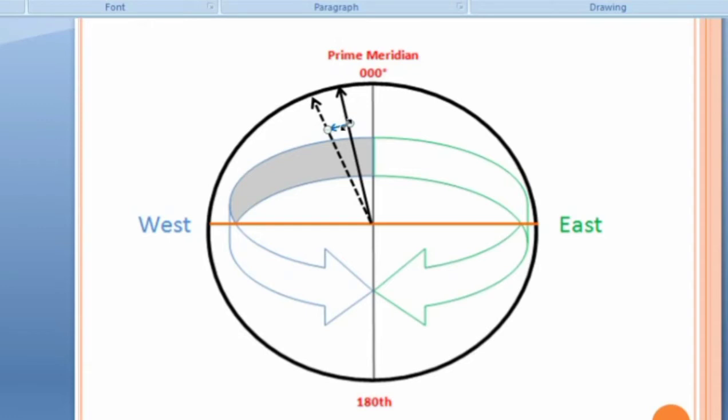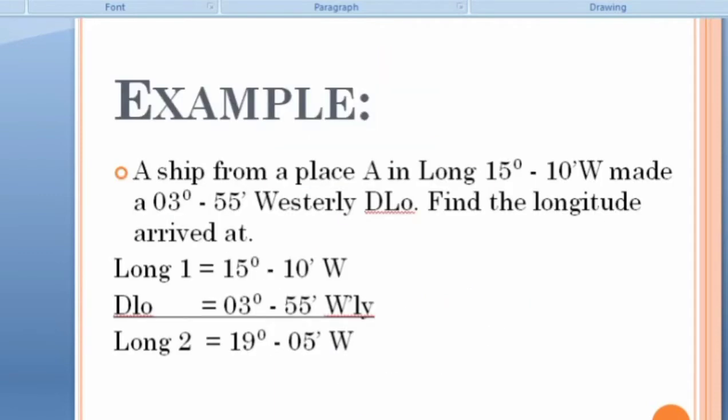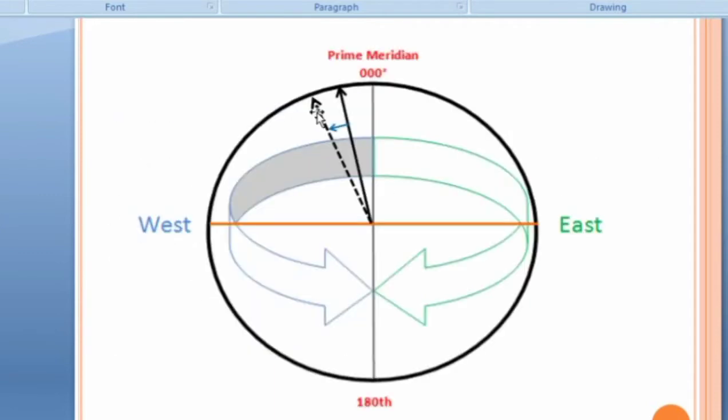So by adding, we will have the value of 19 degrees 5 minutes west. This broken arrow line here is the 19 degrees 5 minutes, still west, because we are still in the west side of the globe.